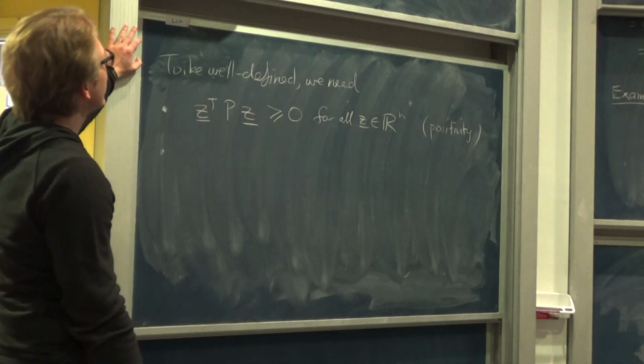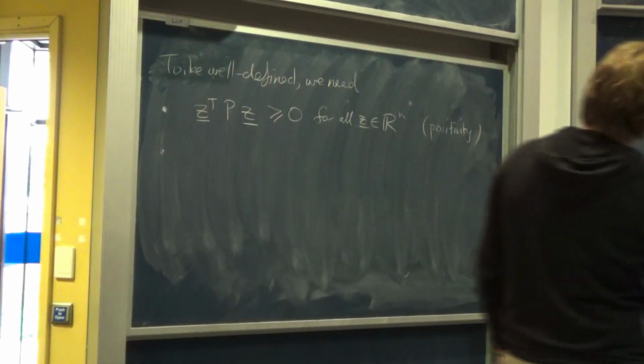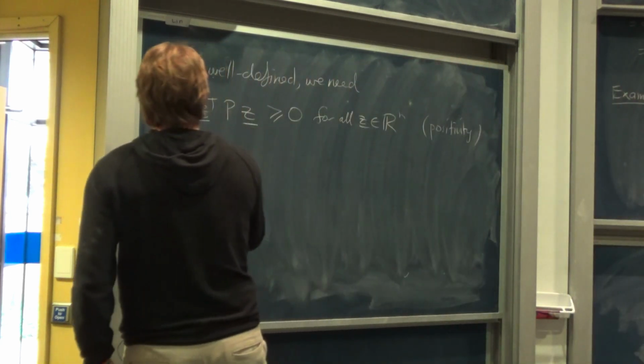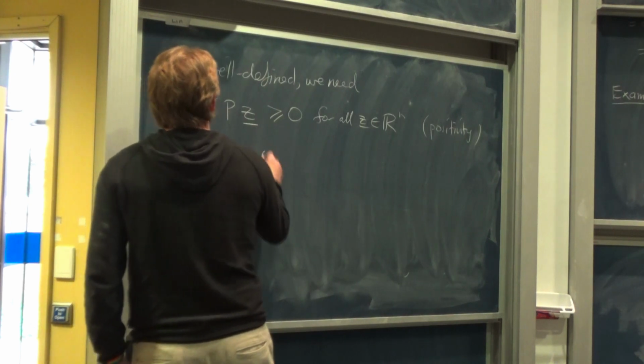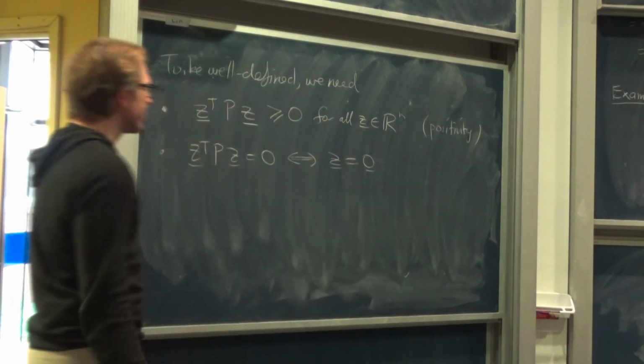Right? So what would the second axiom say? So I'd need to have this quantity be 0 if and only if x equals y. Well, it's a square root, so that's the same to say the quantity inside is 0 if and only if x equals y, which is the same as to say that z^T P z is 0 if and only if z is the 0 vector.